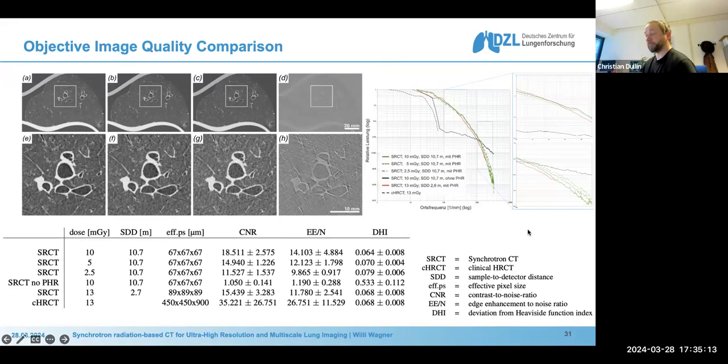If it comes down to the photon energy, the only thing we know for sure is it should be above 50 keV, because otherwise we have problems to penetrate the bone structure. So the original plan was to go roughly with 60, but now we are not entirely sure if we should not at least try to go way higher and see what happens with the image quality.